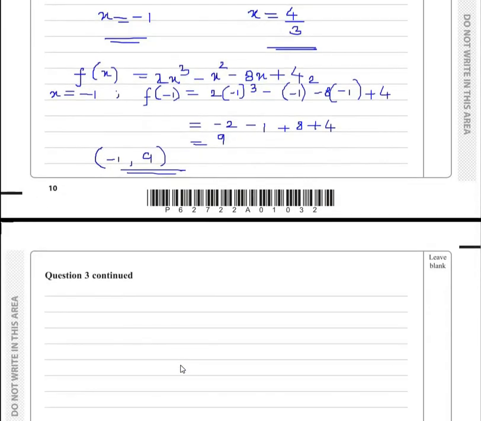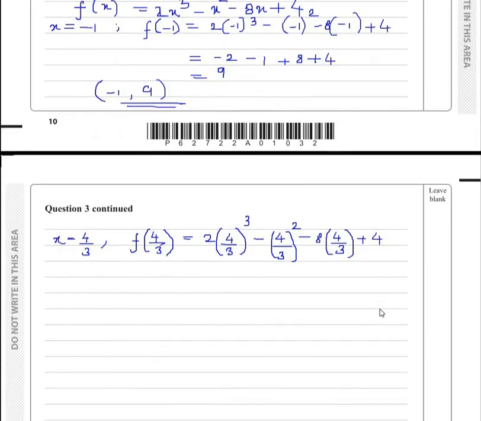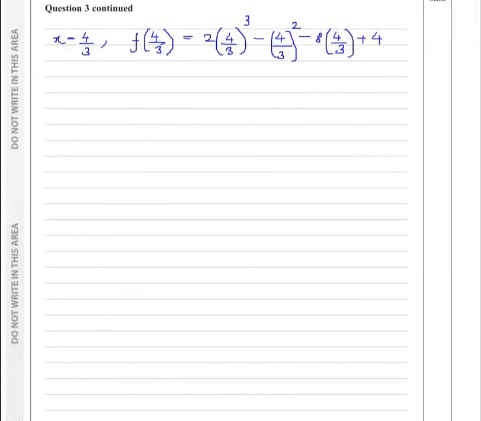Let us check the second coordinate when x is equal to 4 over 3. F of 4 over 3 equals 2 times 4 over 3 the whole cube, minus 4 over 3 the whole square, minus 8 times 4 over 3, plus 4. Let us calculate this quickly.